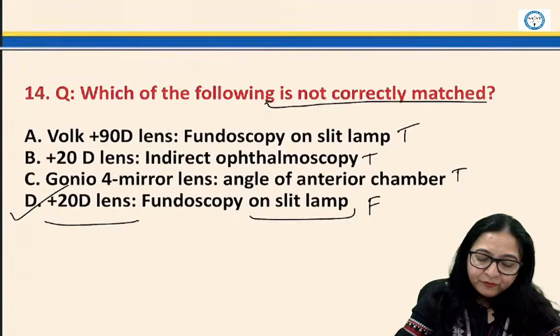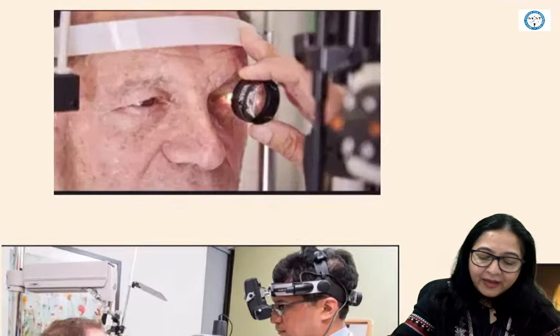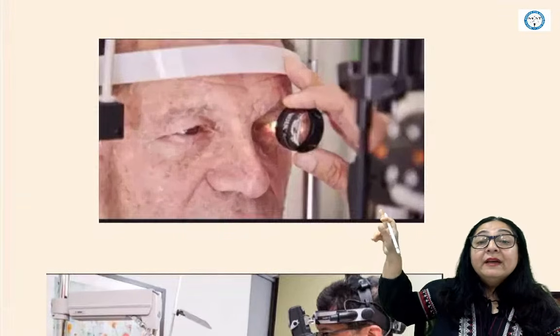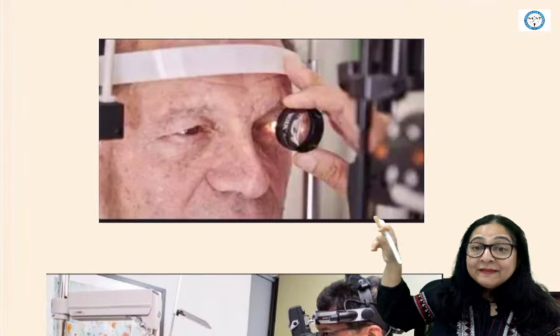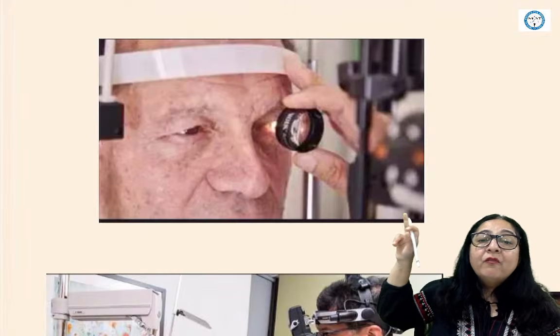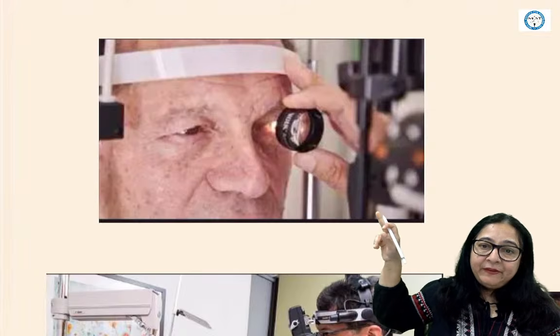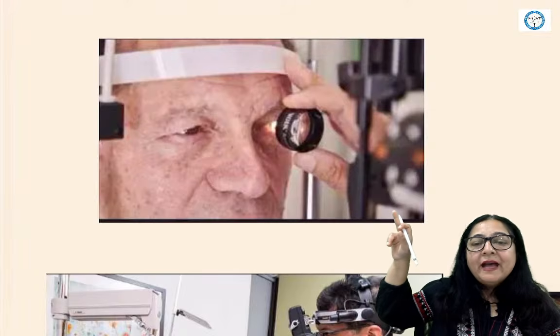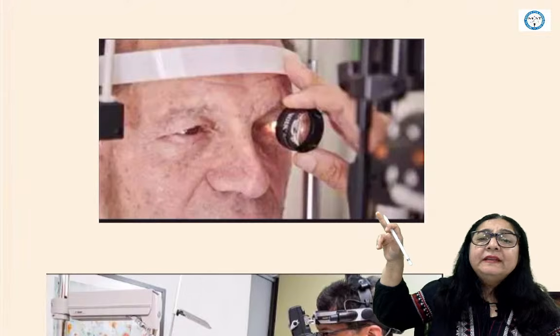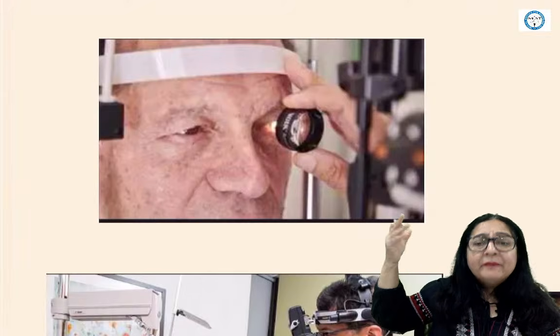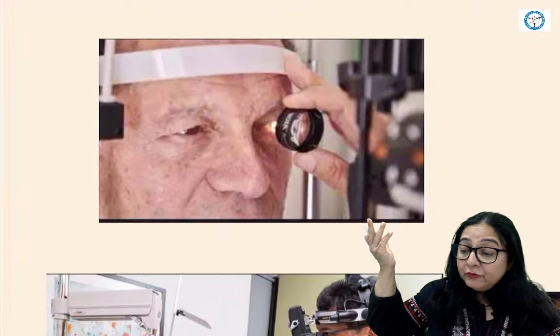To give you an idea how these lenses are used, here you are using plus 90 diopter lens for fundus examination on slit lamp. Similarly, we have the 70 diopter lenses as well, but plus 90 is the most commonly used lens.